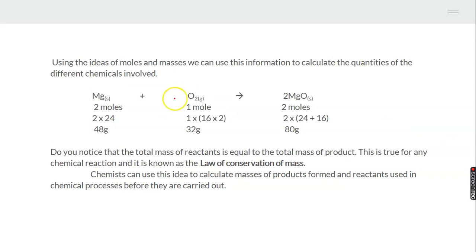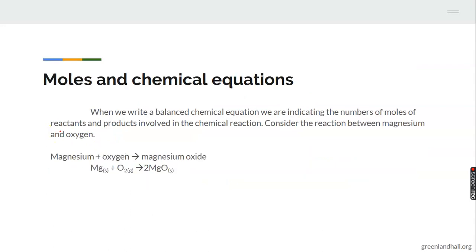So using the idea of moles and masses, we can use the information to calculate the quantity of different chemicals involved here. So for magnesium being solid, we have 2 moles. From the balanced equation, that's why I said you must always balance your equation. Like me now, I guess there's some mistake here. There's supposed to be 2 here.